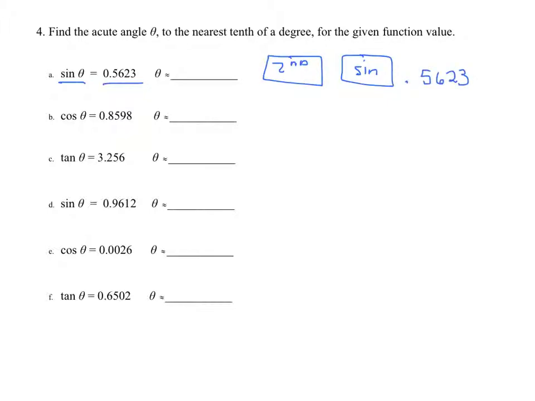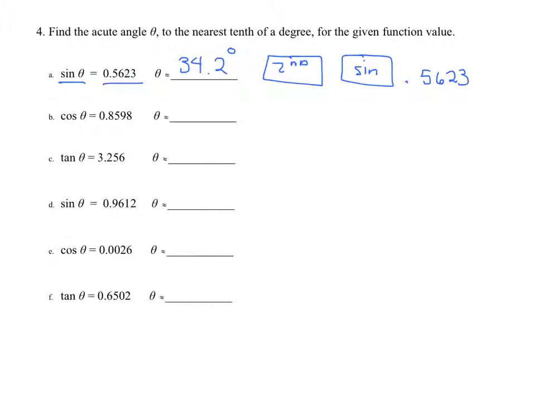Okay, and we're going to round to the nearest tenth of a degree. So do it with me. Second, clear out, second sine of 0.5623. Make sure you get the same thing. I am getting, rounded to the nearest tenth, 34.2 degrees.